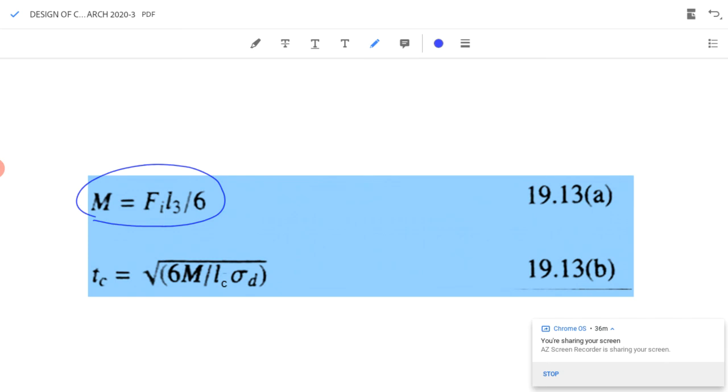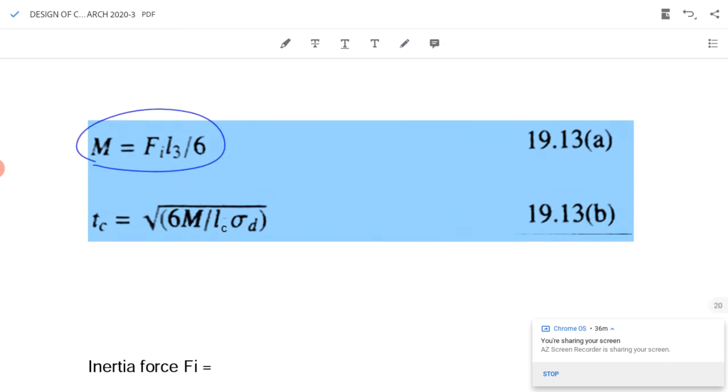There is a change in the equation in the data book. You change it as Lc. It was given as L3 in some data books. So change this value as Lc. Where, what is Lc? Lc is the length of the crank pin at the big end.